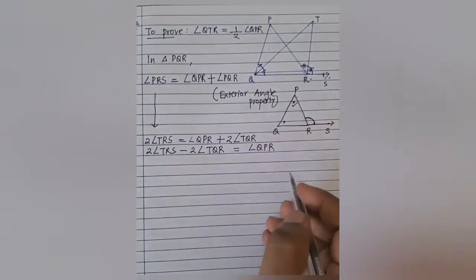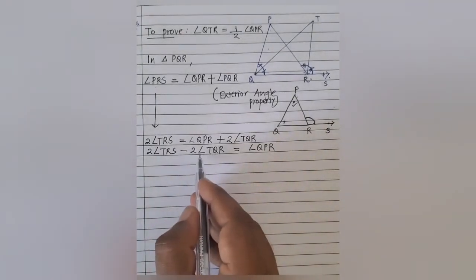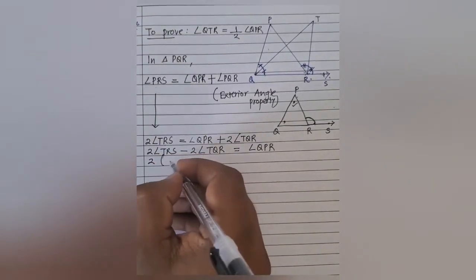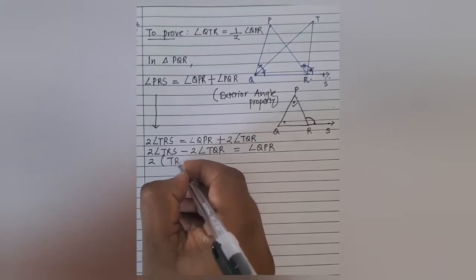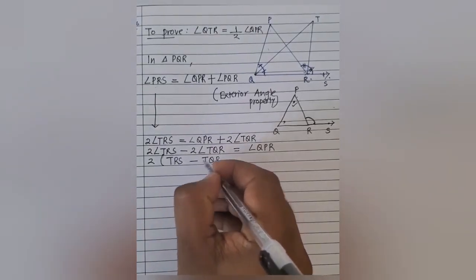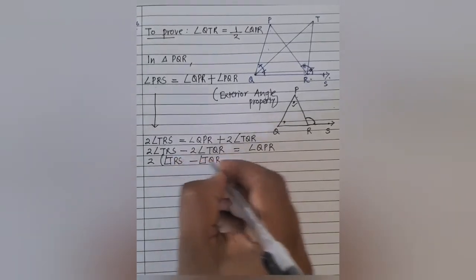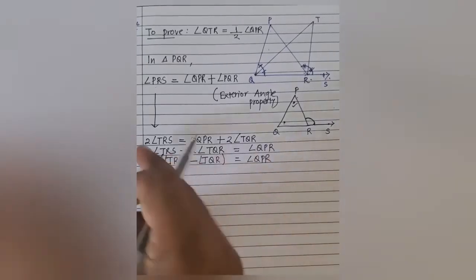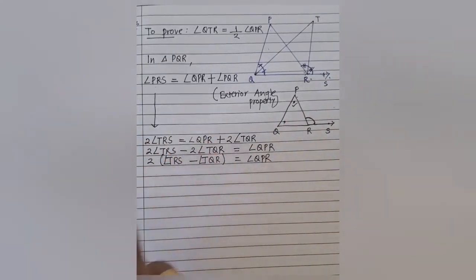Okay, so if I take 2 as common, I have 2 times angle TRS minus angle TQR is equal to QPR. So I brought the 2 that is common to both of them out. Now this is where I am right now.